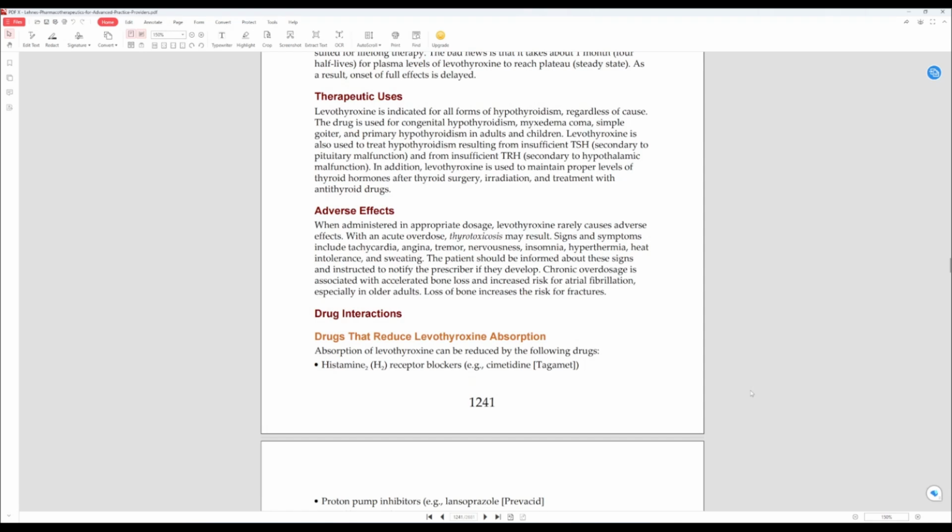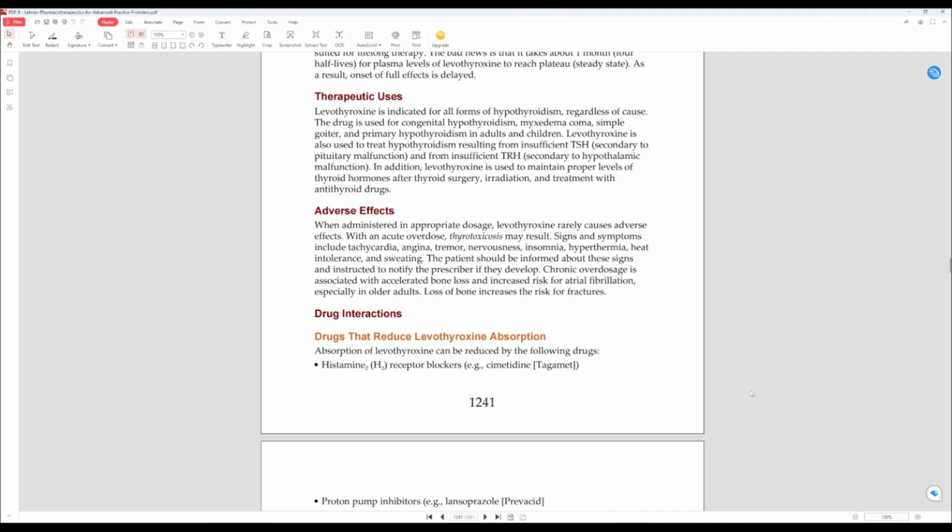Levothyroxine is indicated for all forms of hypothyroidism, regardless of its cause. The drug is used for congenital hypothyroidism, myxedema coma, simple goiter, and primary hypothyroidism in adults and children.